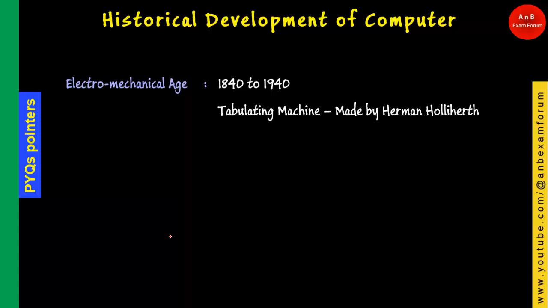The first important instrument is the tabulating machine, which was made by Herman Hollerith. He made the punch machine, the Hollerith machine, the tabulating machine, and this machine was used in the US census using punch cards. So Hollerith punch cards are also known, and this tabulating machine was used to calculate the numbers in the US census.